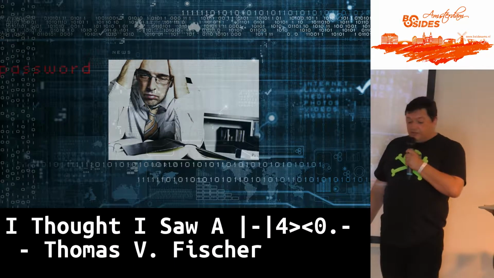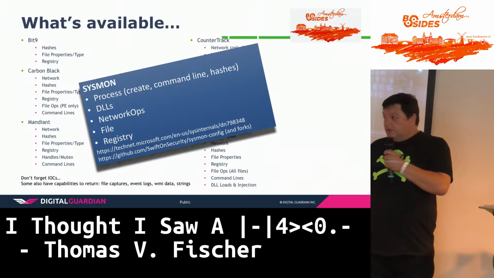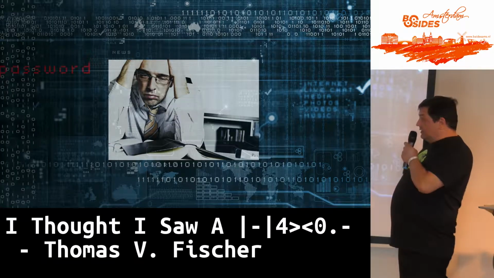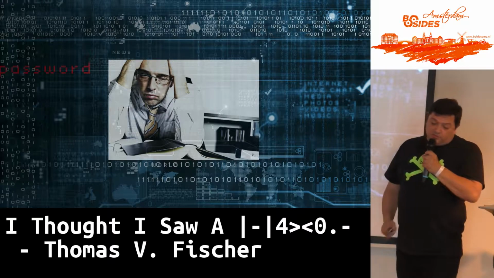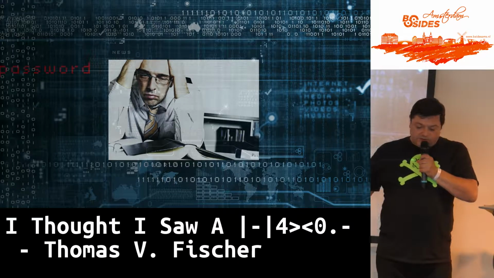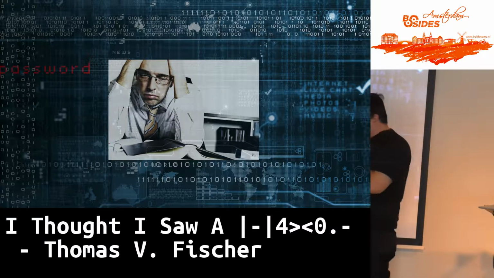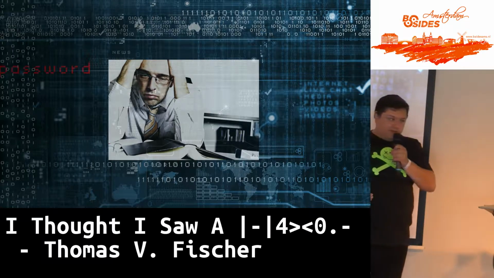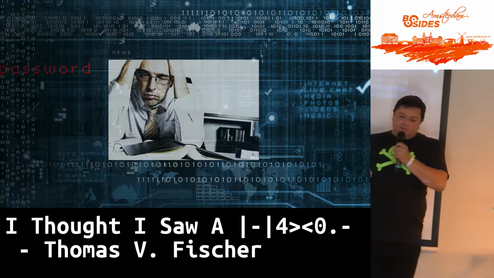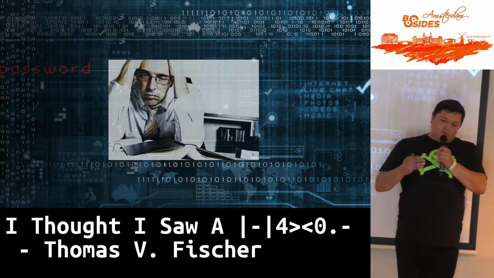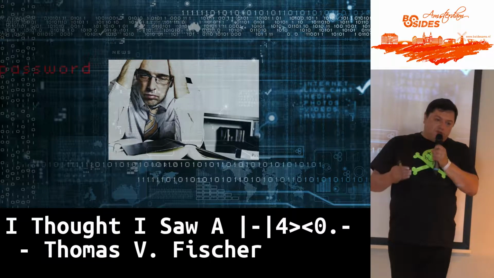So what do you do with all this data? Well, you have to put it somewhere. So you put it in a SIEM or ELK so that you can analyze it. What you can also do, if you have the right type of endpoint agent, is tell the agent to weed out information that you're not interested in.